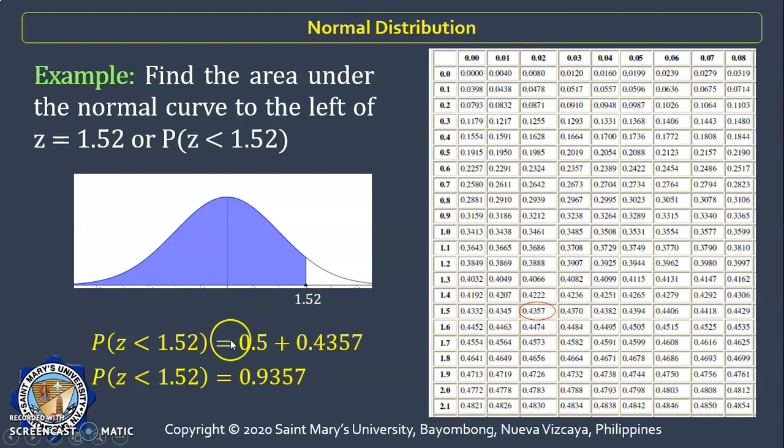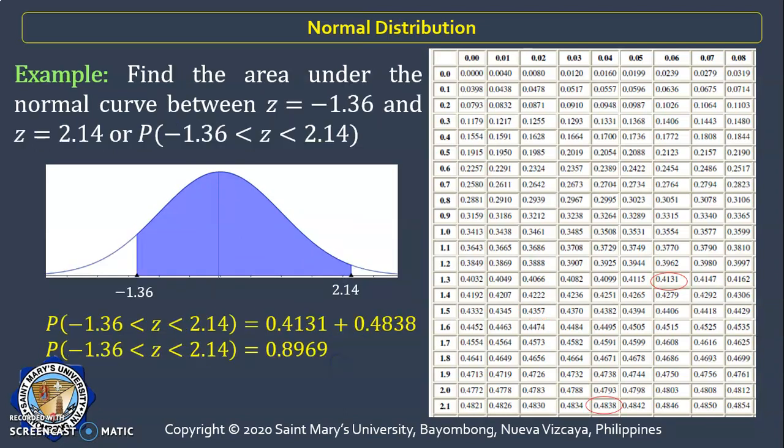So we will add 0.5 plus 0.4357, which is 0.9357. So this is the area under the curve to the left of z equals 1.52, or the probability that z is less than 1.52.